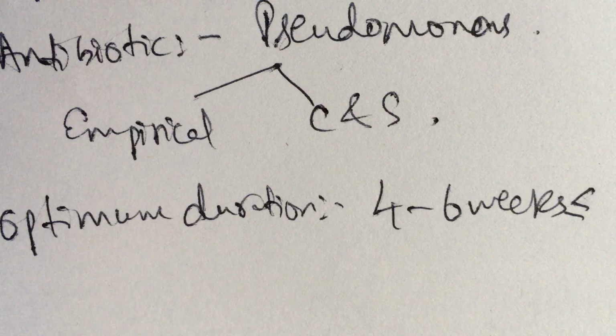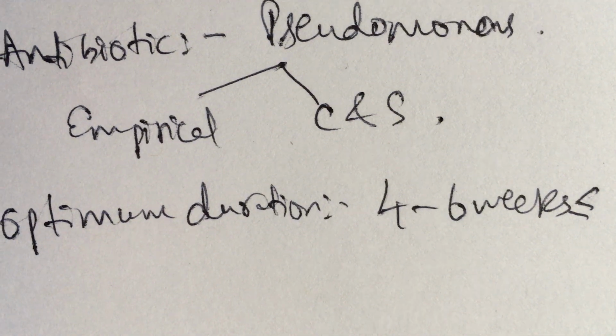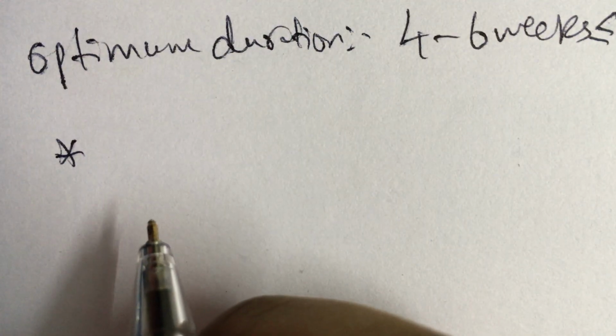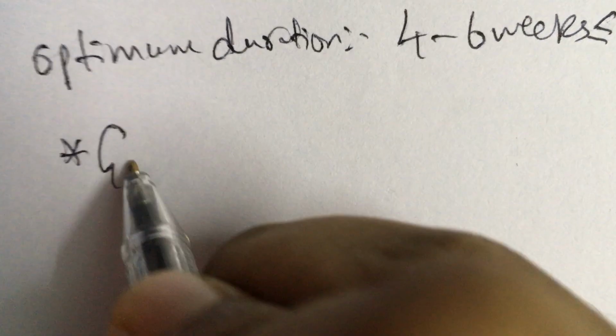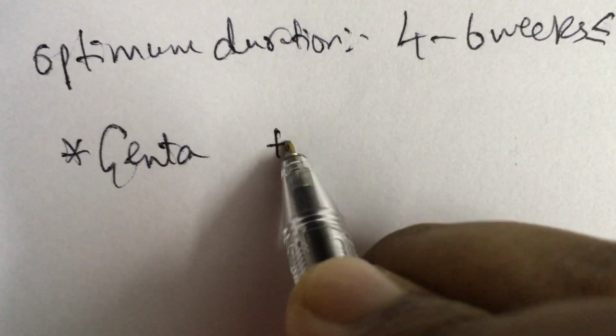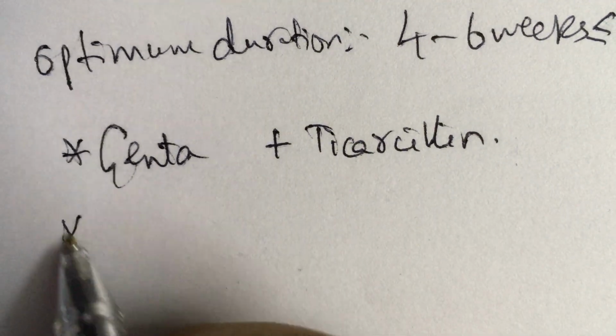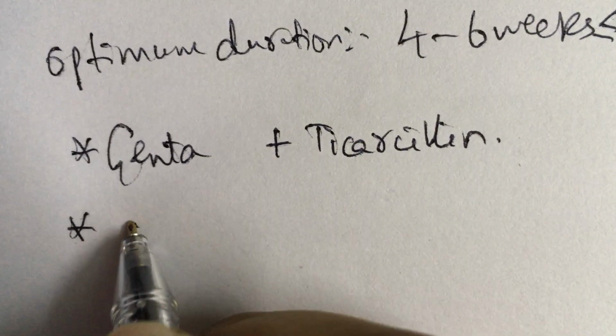Okay, let's list the antibiotics which are very good for treating this condition. The first set of antibiotics includes a combination of gentamicin, which is an aminoglycoside, and ticarcillin, which is a penicillin. The second group is third generation cephalosporins along with an aminoglycoside.